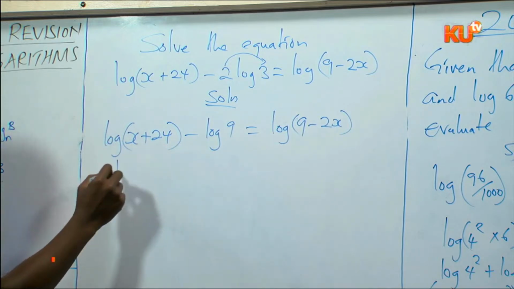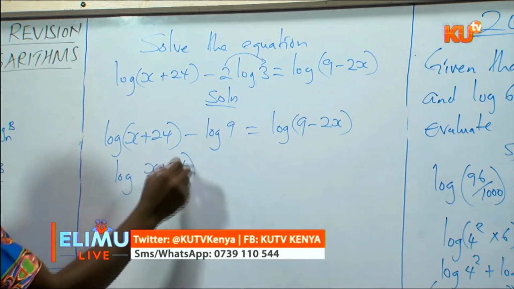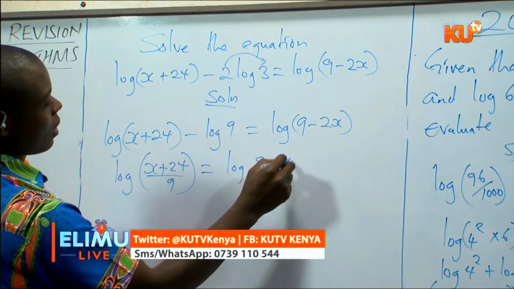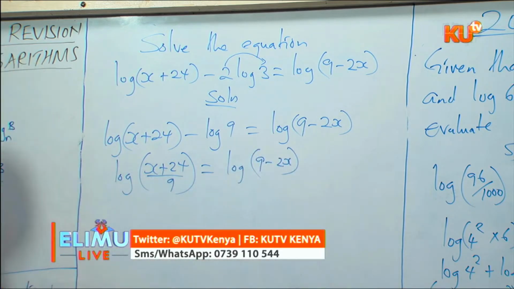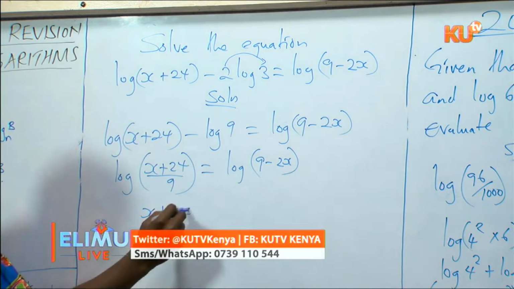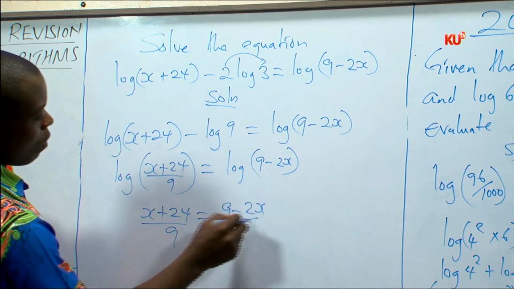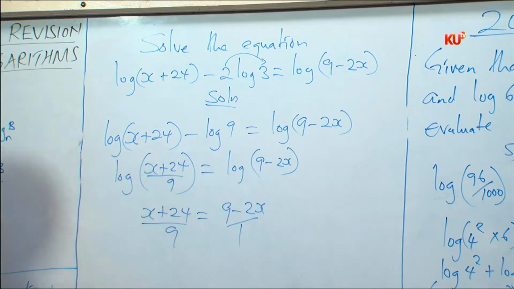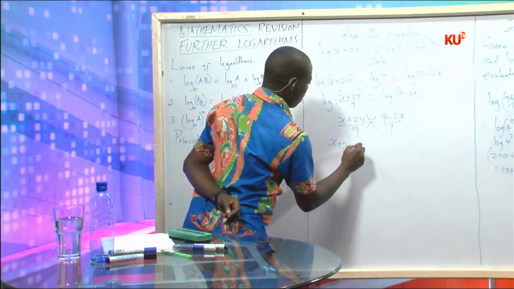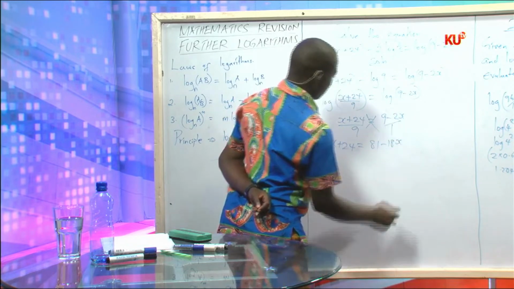Division, so we have log of x plus 24 over 9 is equal to log of 9 minus 2x. Then we drop the logs, so we'll have x plus 24 over 9 is equal to 9 minus 2x over 1. Then we cross multiply, so you have x plus 24 is equal to 81 minus 18x.